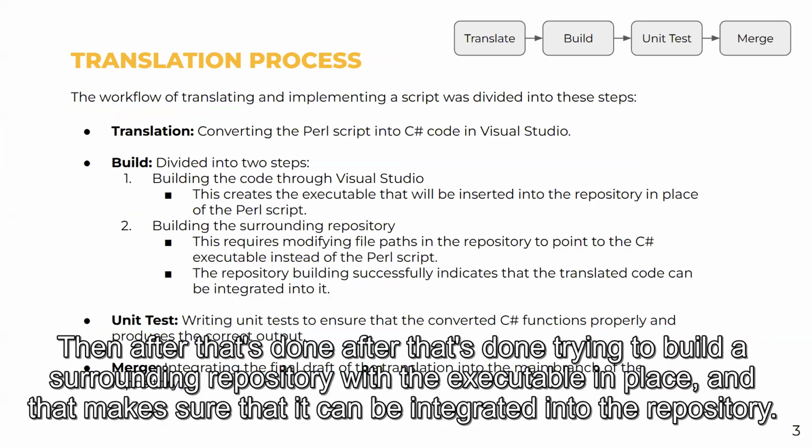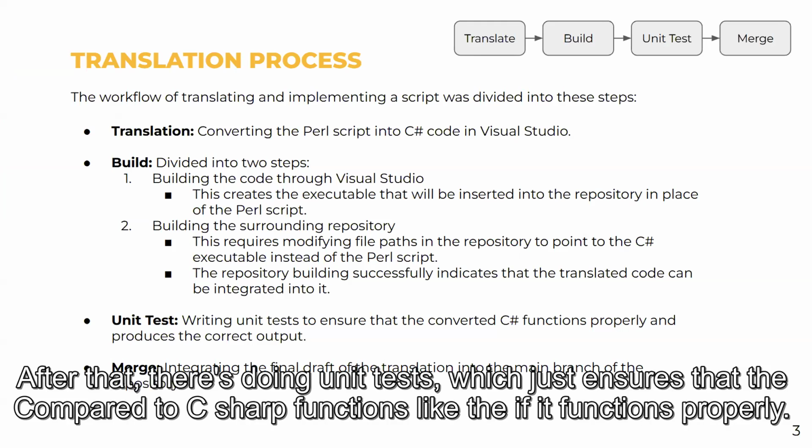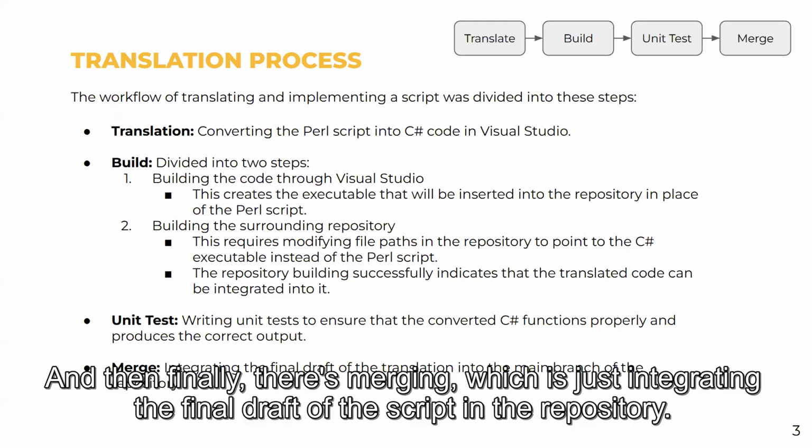And then after that's done, you try to build the surrounding repository with that executable in place, and that makes sure that it can be integrated into the repository. After that, there's unit tests, which just ensure that the converted C sharp functions function properly. And then finally, there's merging, which is just integrating the final draft of the script into the repository.